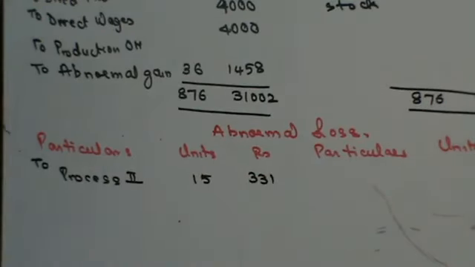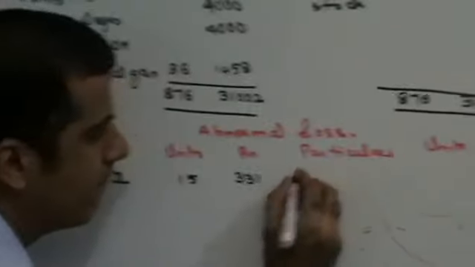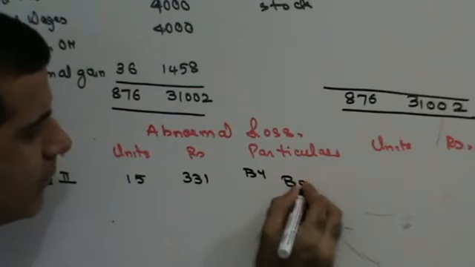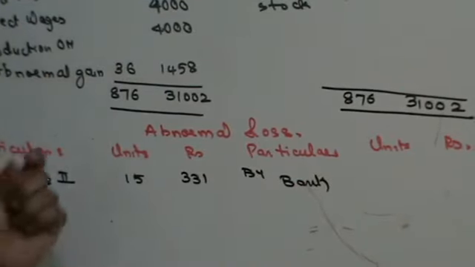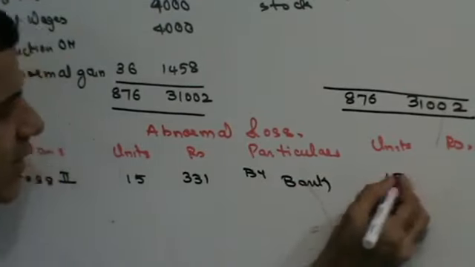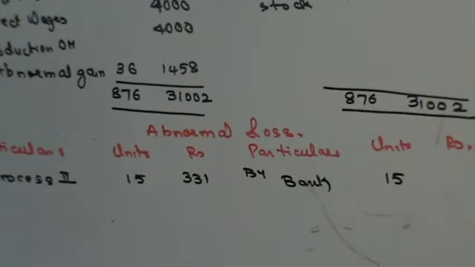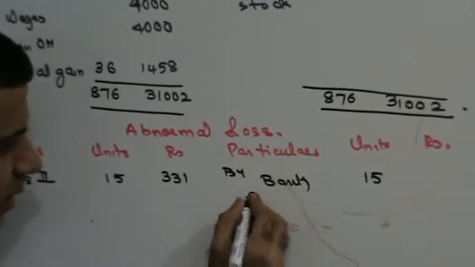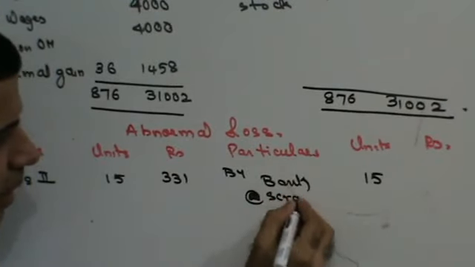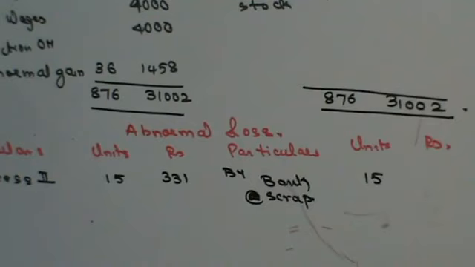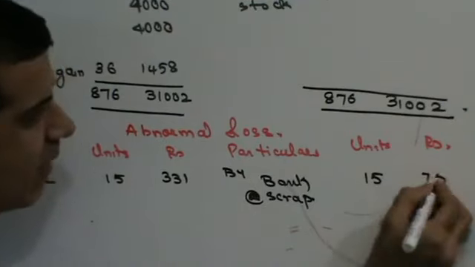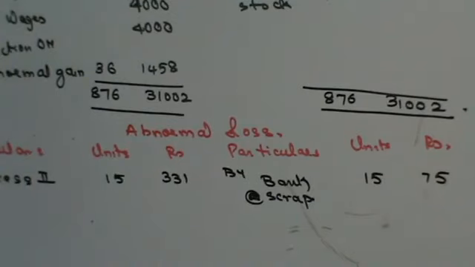How do I tally this account? On the credit side, write by bank. Write the number of units as it is. If there were 15 units here, you will write the same 15 units on the other side. This has to be at the rate of scrap. Now the scrap value for process 2 was 5. 15 fives are 75. I've multiplied 15 by scrap value.